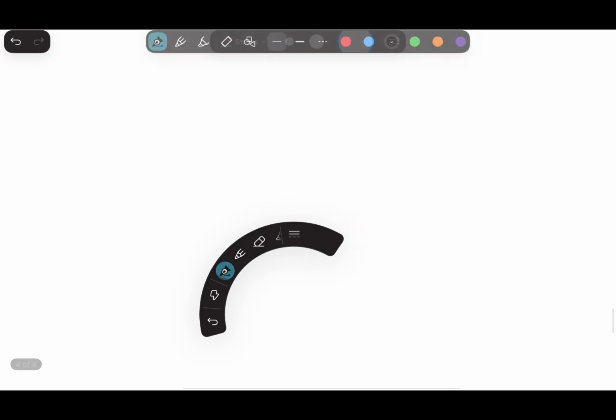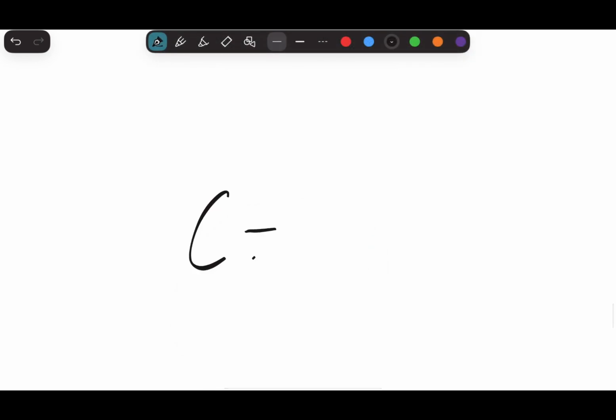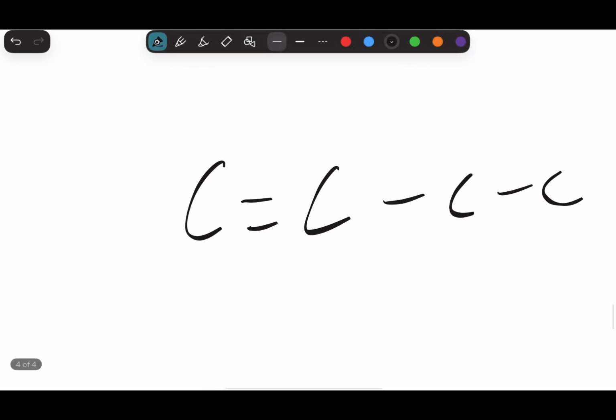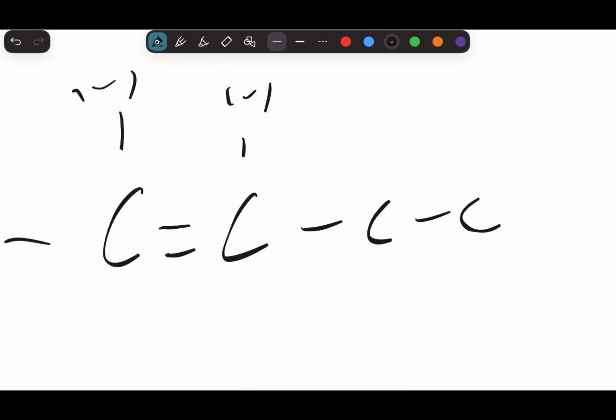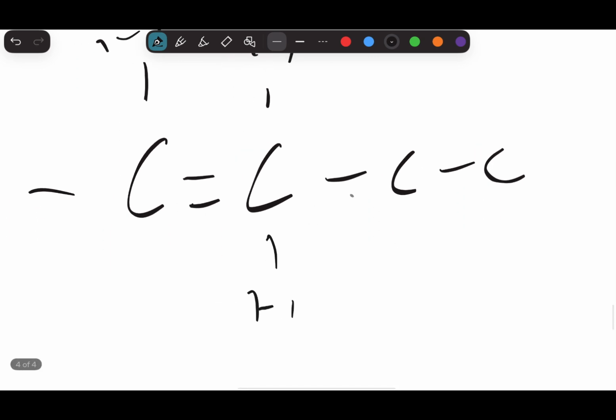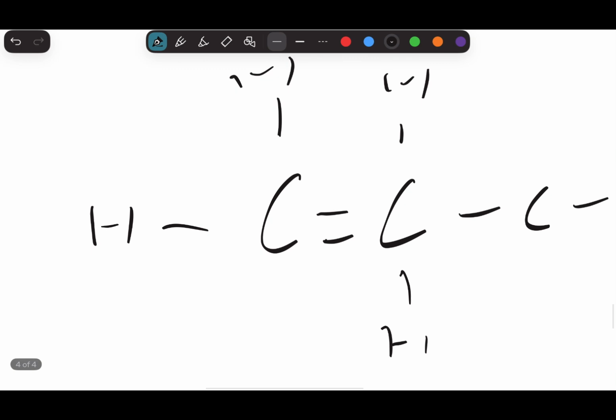Let's get a new page. So C double bond. So we know that there's hydrogen, hydrogen. So this would be, let's see, how would this look like? This would be partial negative, partial positive.